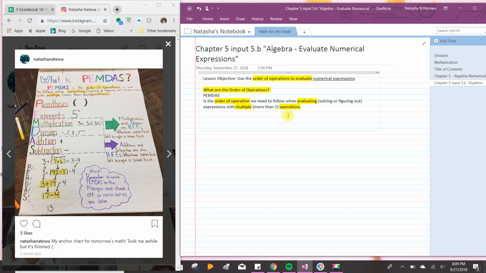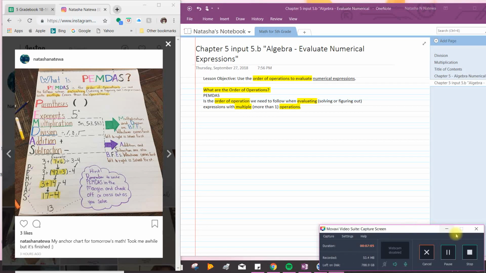So if we have an expression like 32 minus 20, put the parentheses around it, divided by 4.